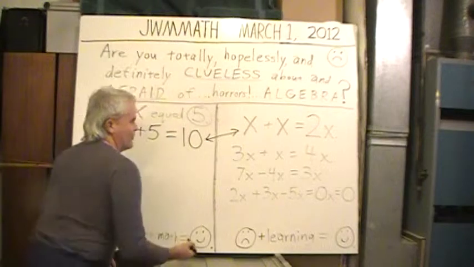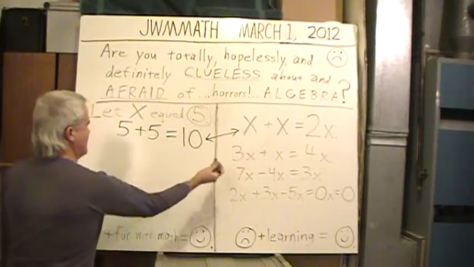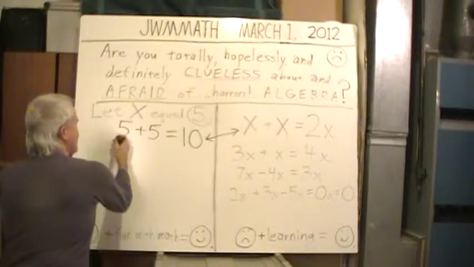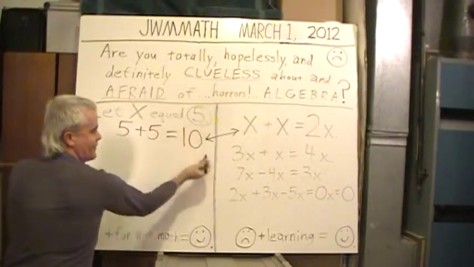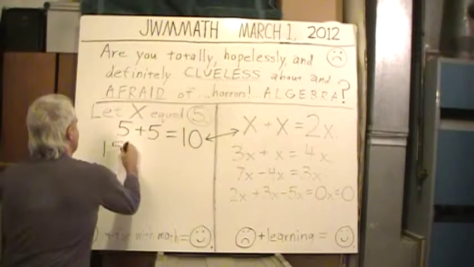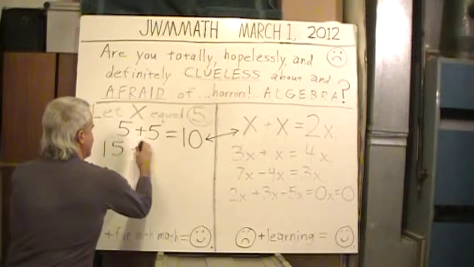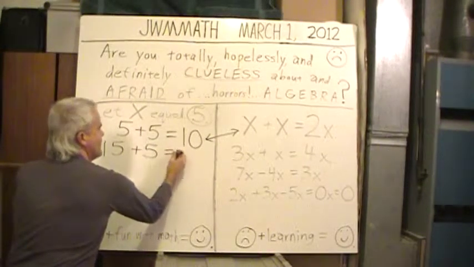Next example. 3x plus x equals 4x. So in place of 3x, I'm going to multiply 3 by 5, or letting x equal 5. 3 times 5 is 15. And then plus x is just 5, so I'm just going to put the 5 in.